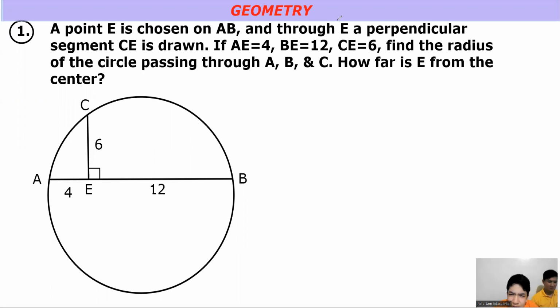Yes. So first, we have to analyze the situation. We have a chord AB, and then there's a perpendicular segment from the chord to the circle. So if we move E a little here, where will I put E?